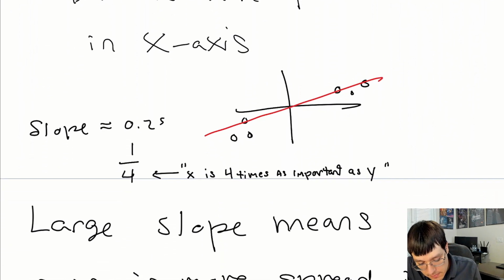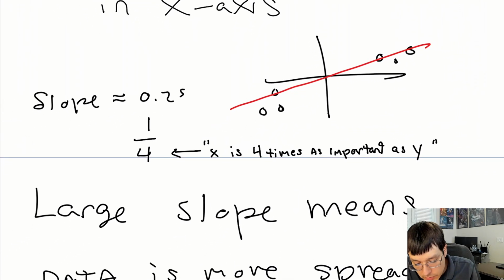So what does that mean? What does it mean that we have a small slope, a less steep slope, versus the other one where we had a slope of 1? Well, this is actually going to tell us which variable or which feature is more important.